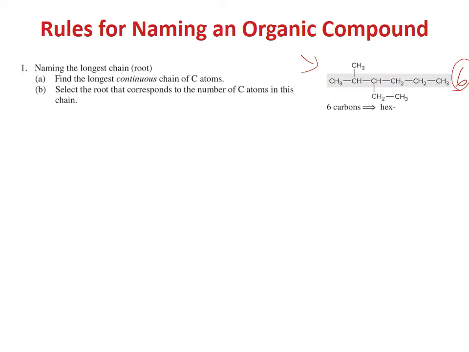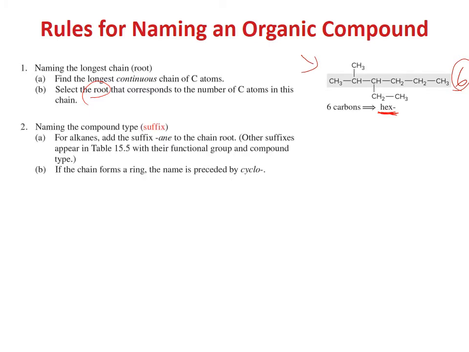And then we select the root that corresponds to the number of carbon atoms. In this case, it should be hex for 6 carbon atoms. Number 2, name the compound type or suffix. For alkanes, add the suffix A-N-E.